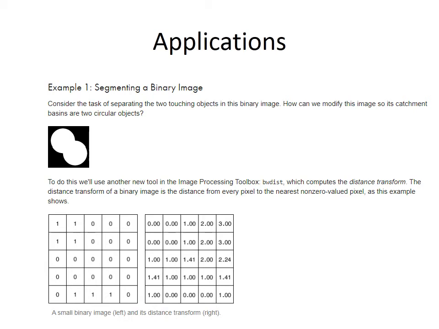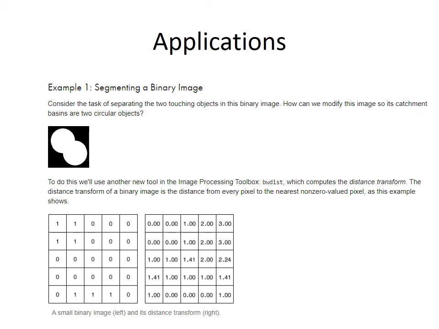The small binary image on the left-hand side has 0 and 1 values because it is a binary image, and the distance transform is depicted on the right-hand side, which is the distance from the nearest non-zero pixel value in the 5x5 matrix.